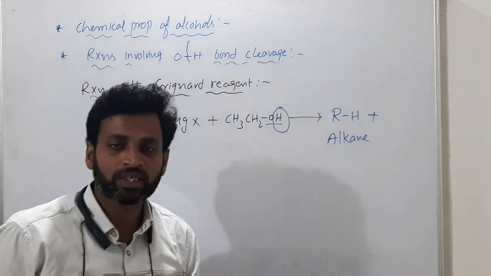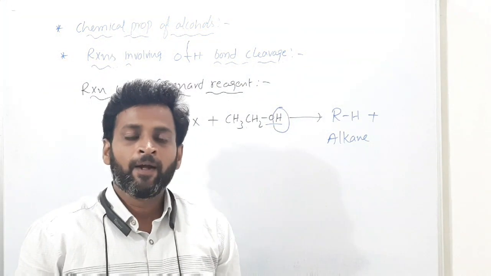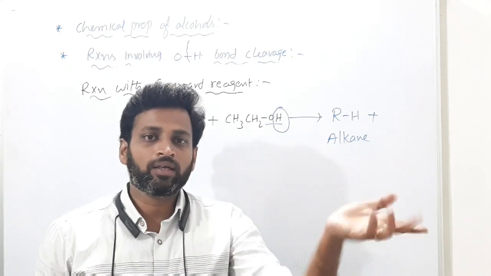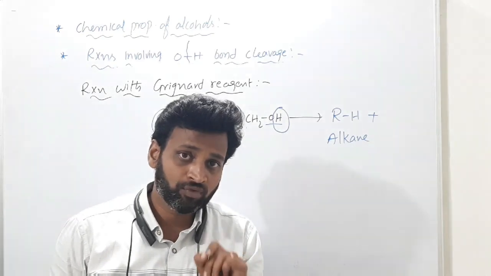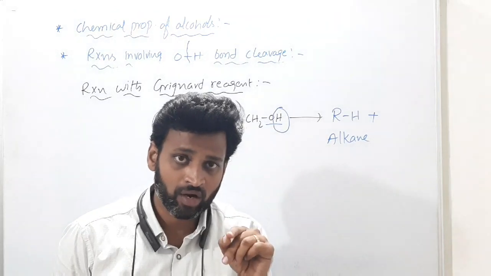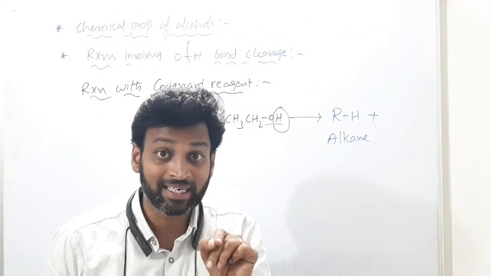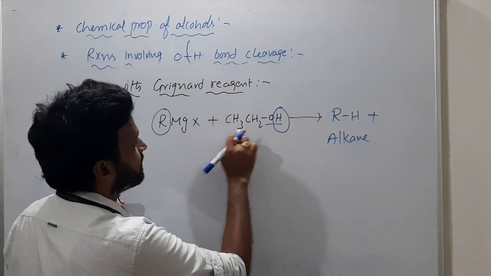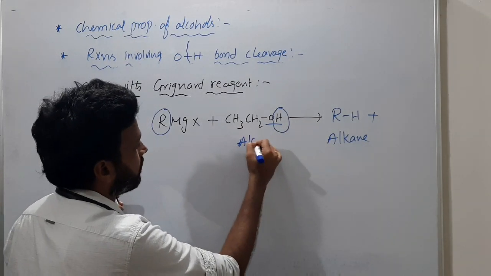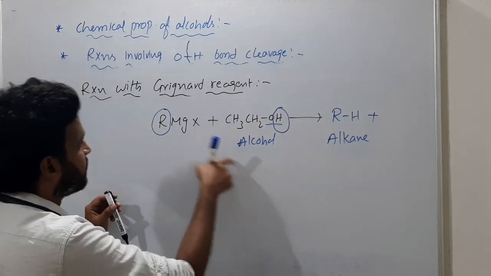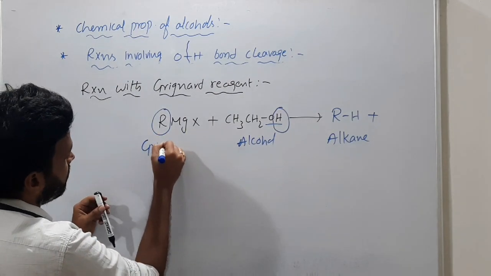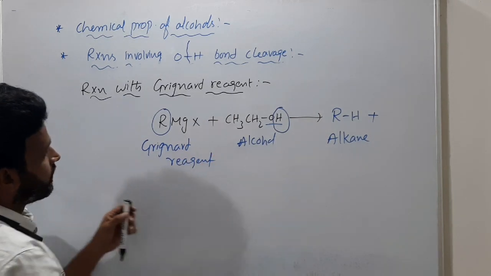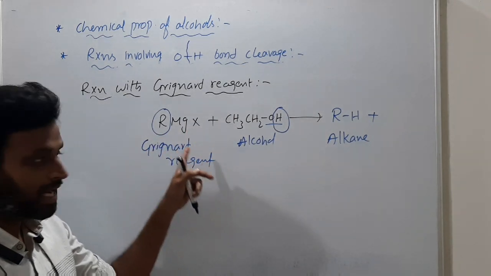So the final conclusion is that Grignard reagent with alcohol gives an alkane, with the number of carbons present in the Grignard reagent. The carbons present in the alcohol are unnecessary for you. Grignard reagent means RMgX.